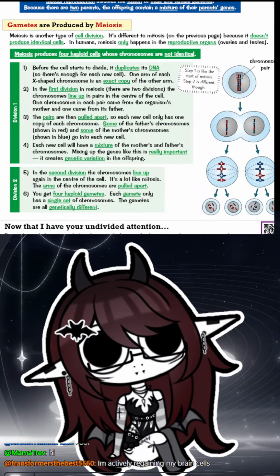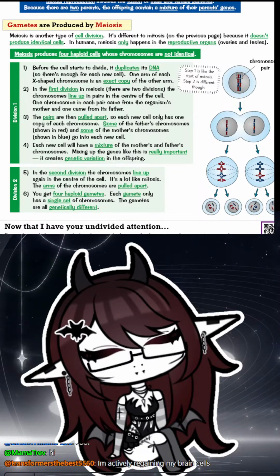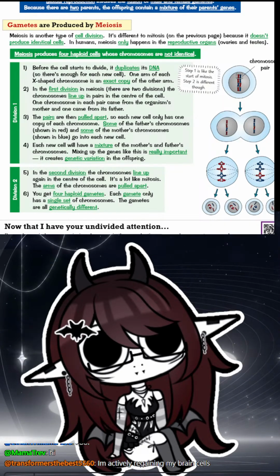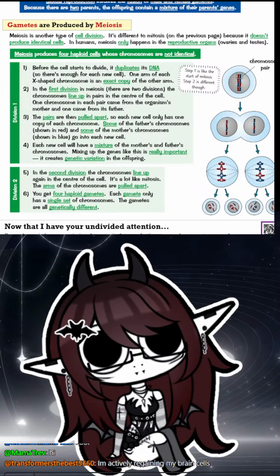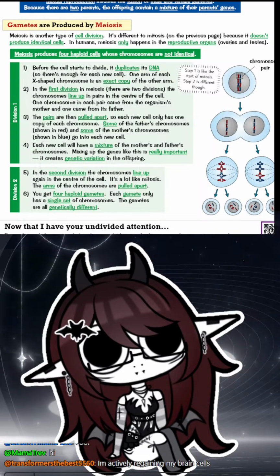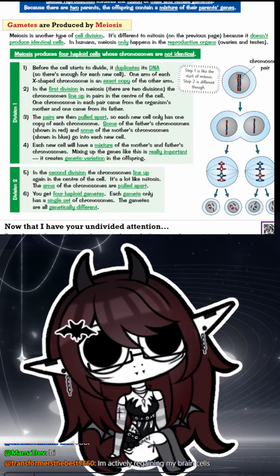Some of the father's chromosomes, shown in red, and some of the mother's chromosomes, shown in blue, go into each new cell. So, we look at these. They're not from the same creature. One is from the mom, one from the dad.